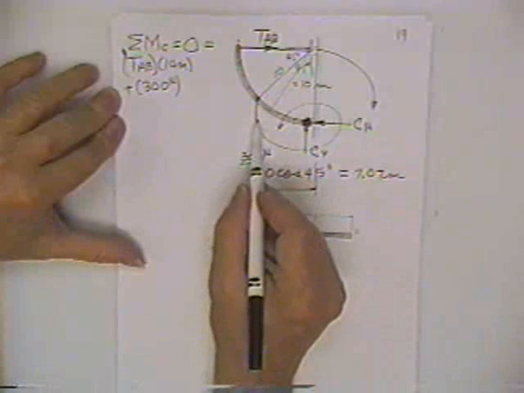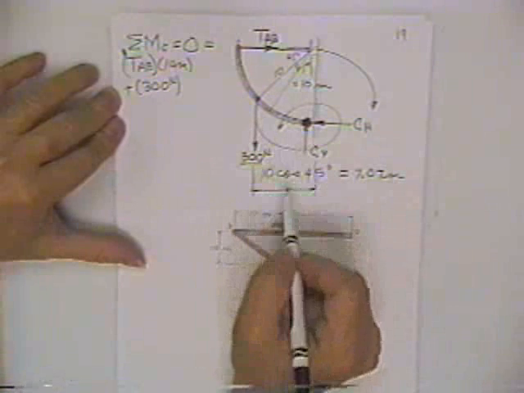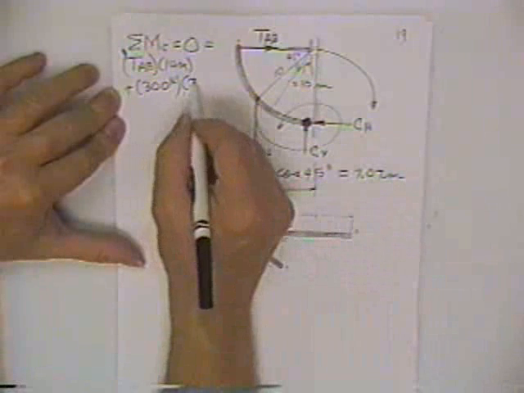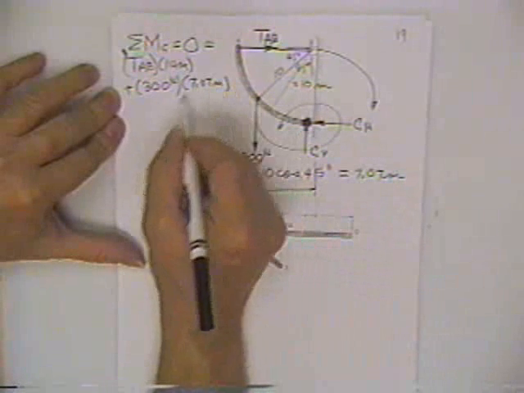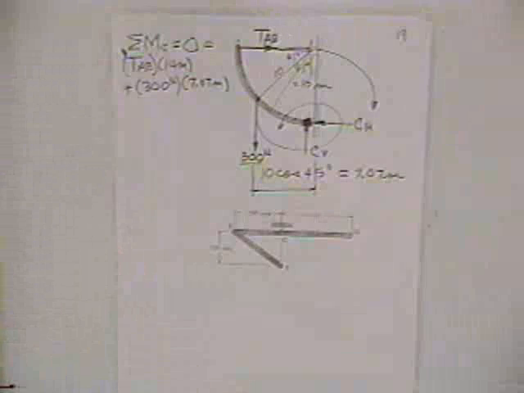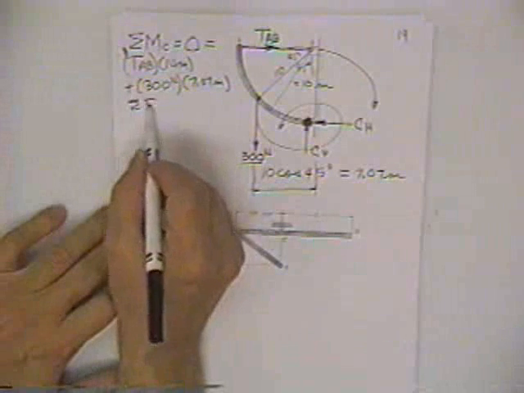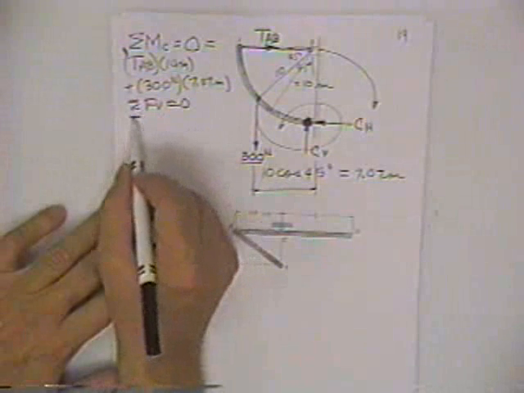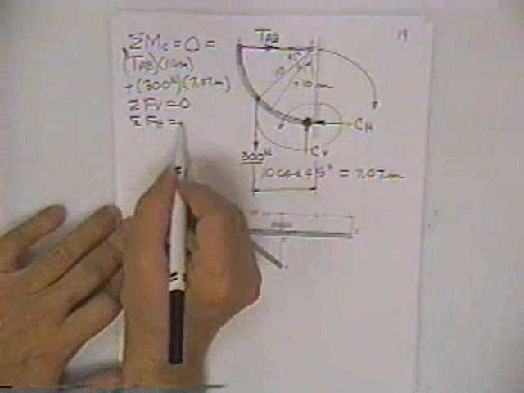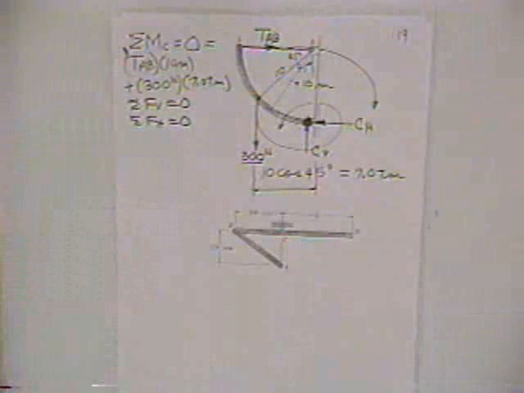As close as he ever gets to point C is 7.07 meters. And I solve for tension force in a rope. You could then sum forces vertical and sum forces horizontal and get C horizontal and C vertical.